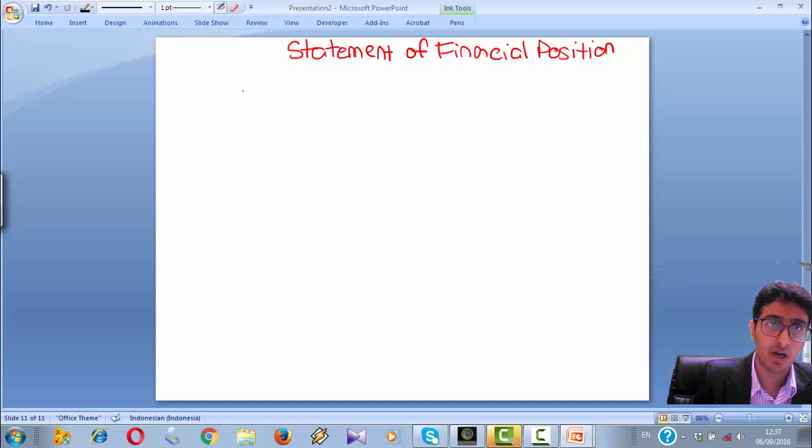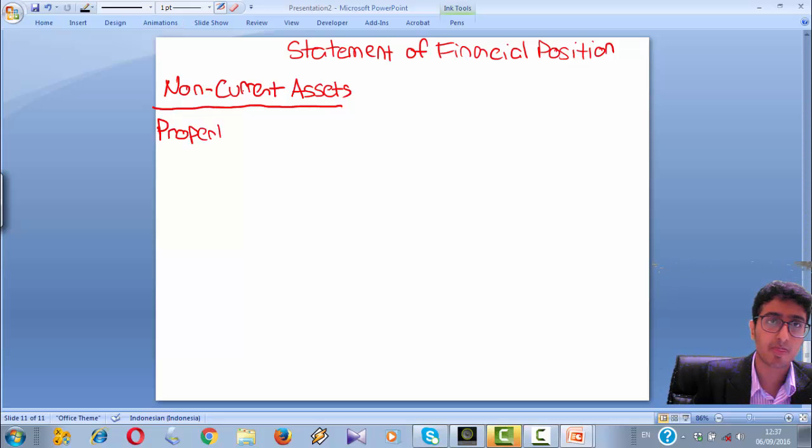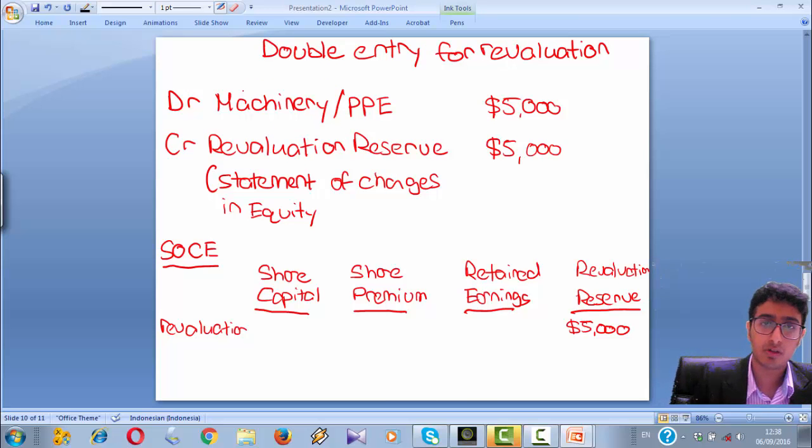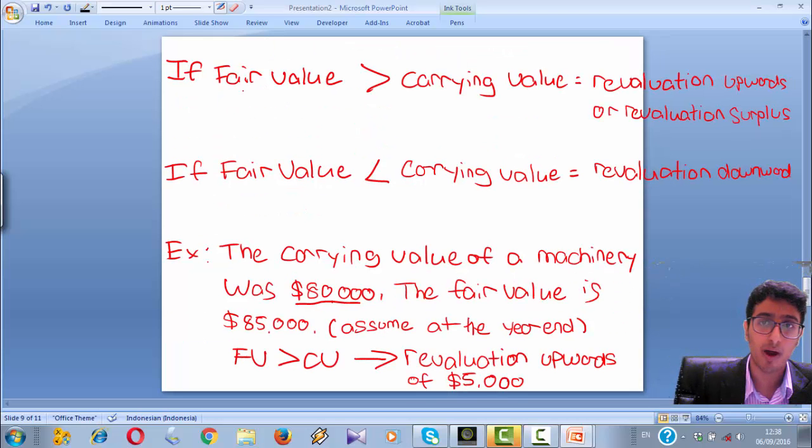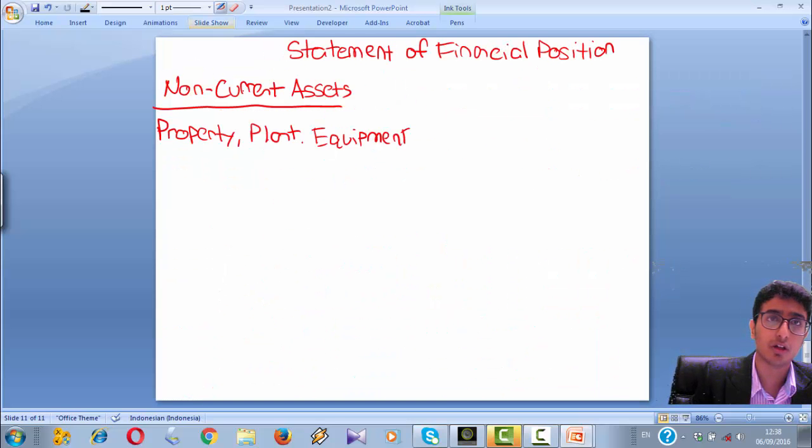I will have under my non-current assets my property, plant, and equipment. Now, what value do I use? I will no longer use the $80,000. Why? Because now my asset has a new value of $85,000.